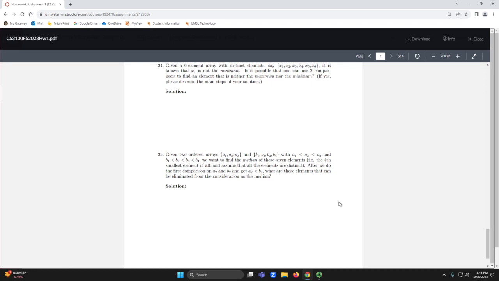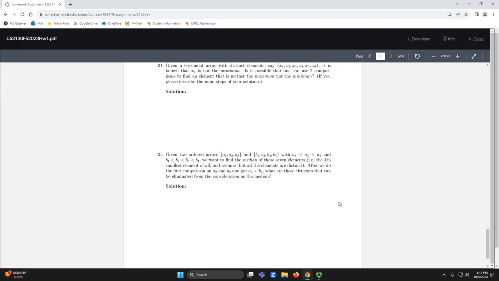If you count from the right-hand side, it's the 4th largest element. So you can look from both sides, 4th smallest and 4th largest, because this increases your chance to do the elimination.